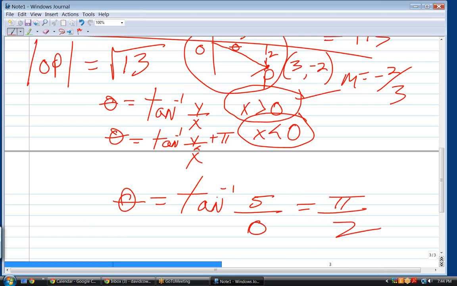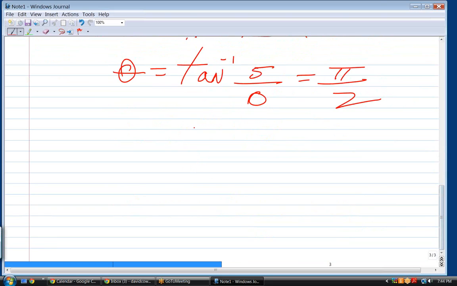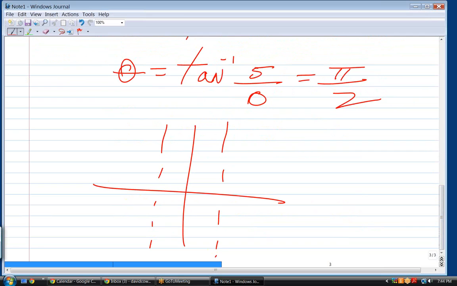The inverse tangent of any number divided by 0 is going to be pi over 2, or minus pi over 2. Think about what the tangent curve looks like. Here's your tangent curve, at minus pi over 2 and at pi over 2. And there's the tangent curve. So the inverse tangent of infinity is pi over 2.